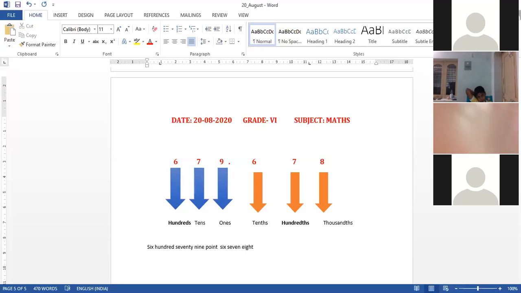Next, what is the second way? Listen carefully, students. Before the decimal, if the number is greater than 1, then for the decimal point we can say AND.